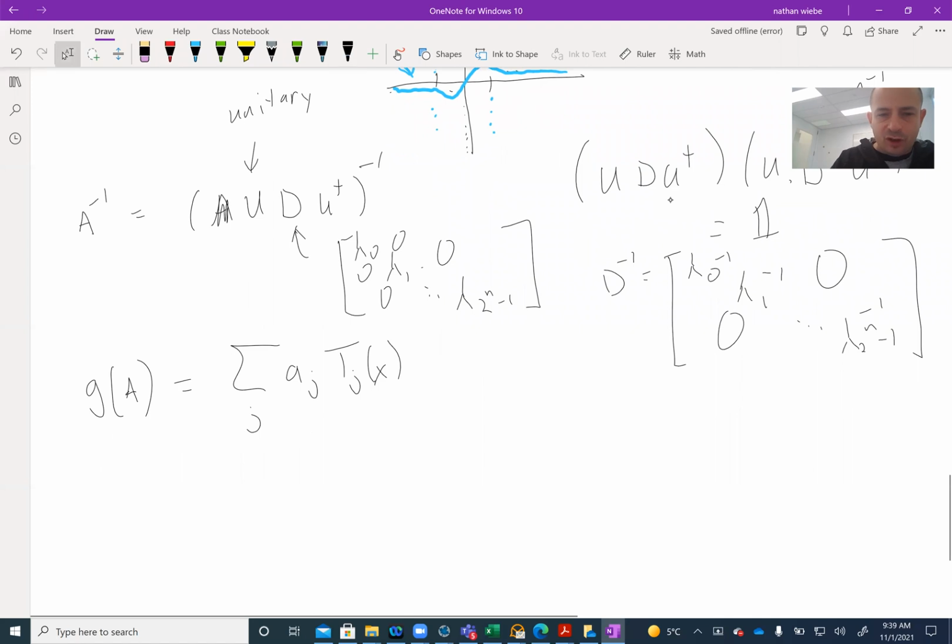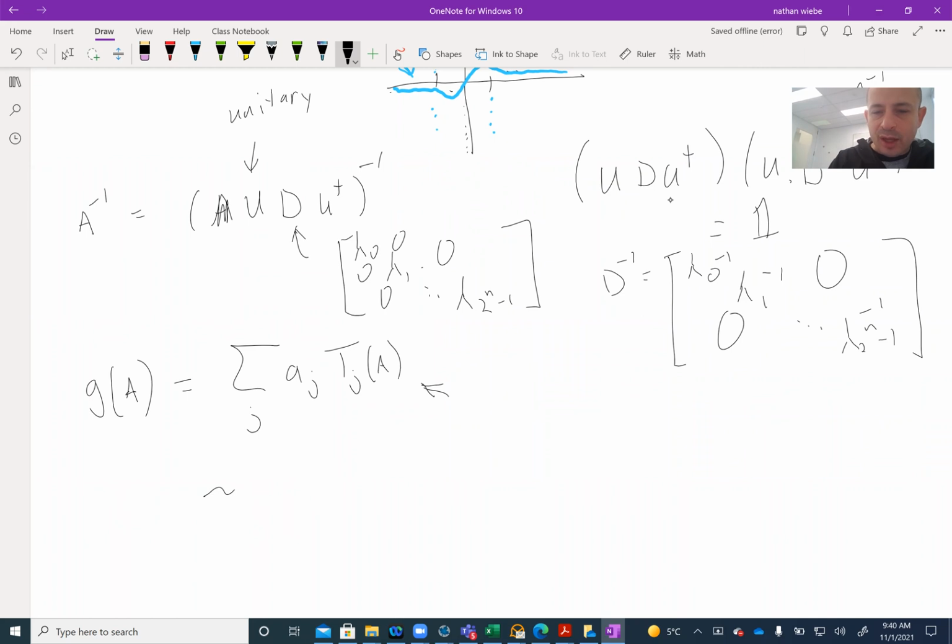Then if we've chosen it in such a way that the polynomial transformation approximates the inverse, then we know that T_j of A, what I mean is just imagine expanding the polynomial.